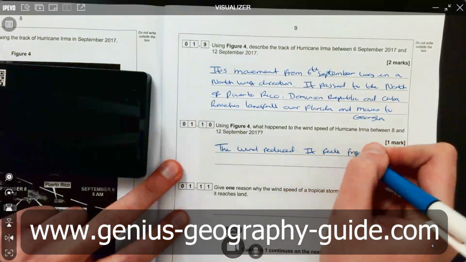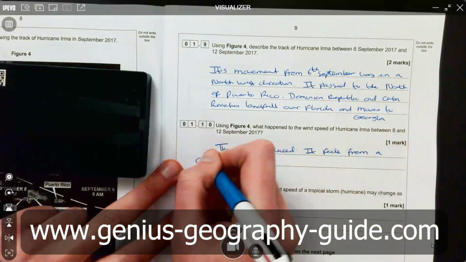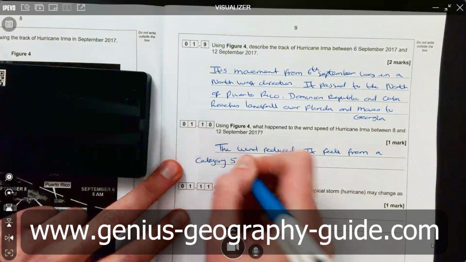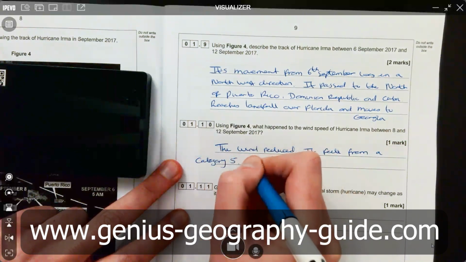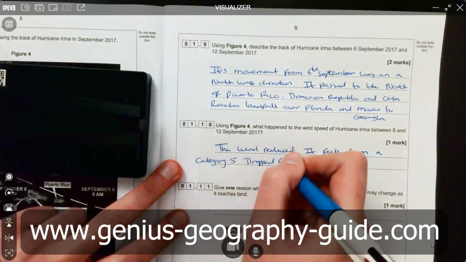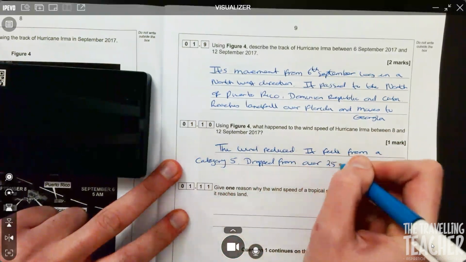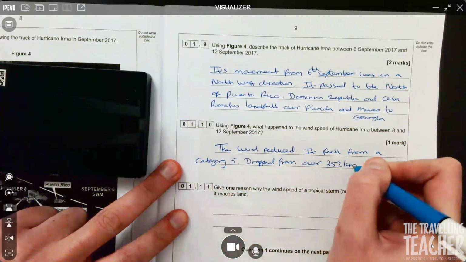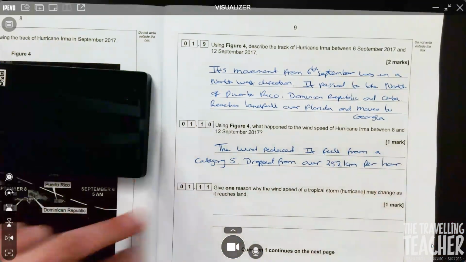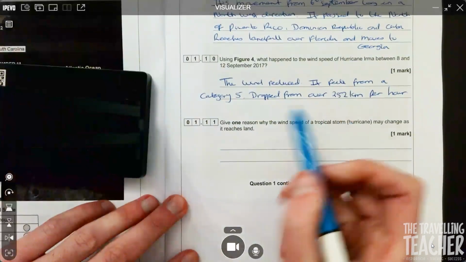It fell from a category 5, dropped from over 252 kilometers per hour. Okay, good guys, well done. So once again, you've got to use the information from the figure.